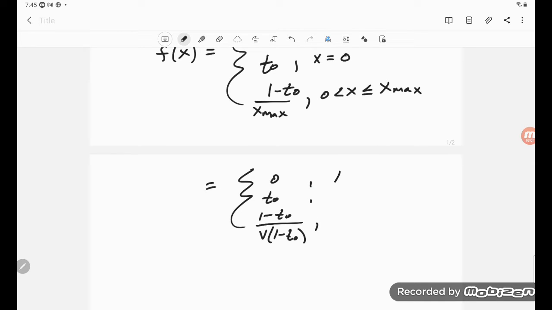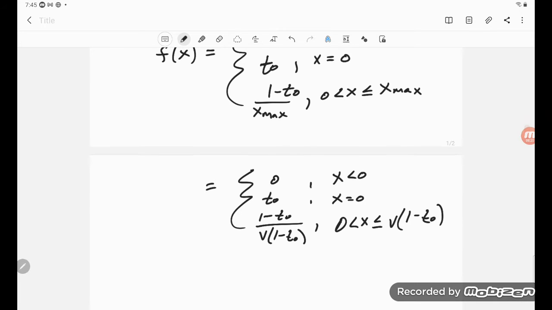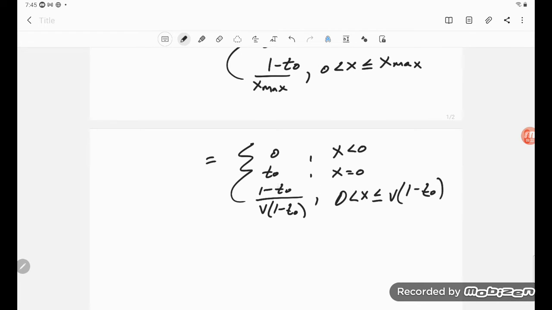And of course, again, that's for x less than 0, x equals 0, and 0 less than x less than or equal to v times 1 minus t0, or x max. Okay, now we can simplify this into just 1 over v.